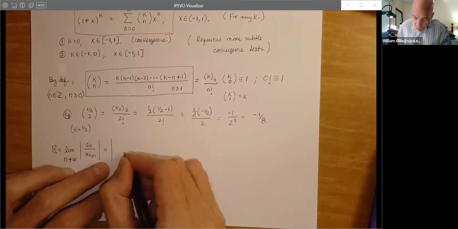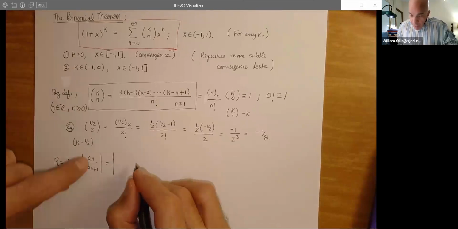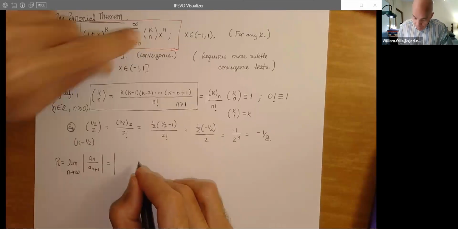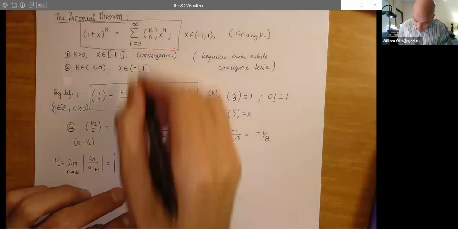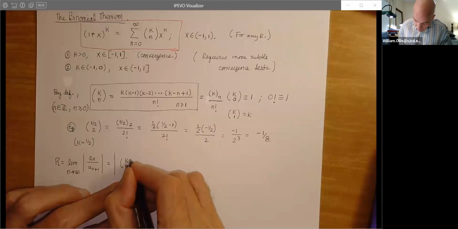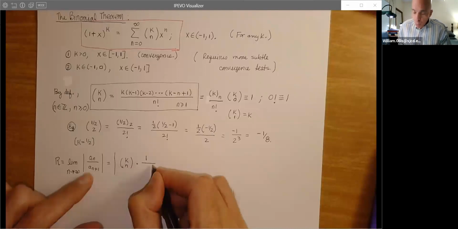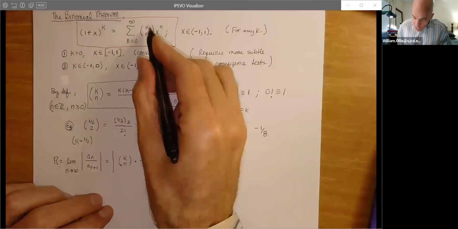So a sub n is going to be k choose n. And then we'll do 1 over, and then n plus 1, so we have k choose n plus 1.